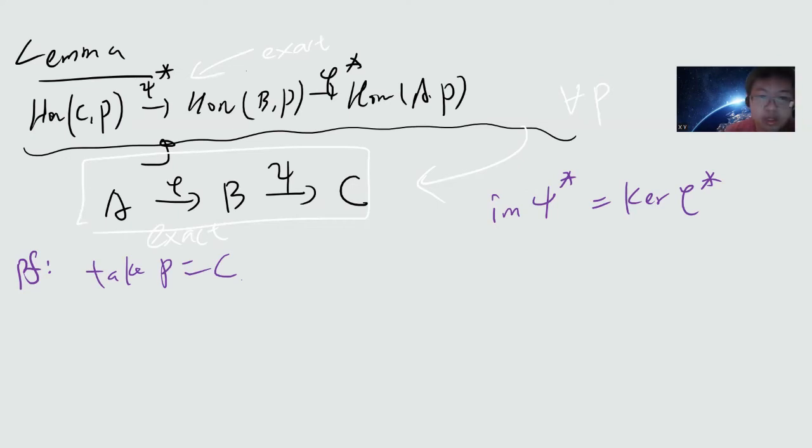Right, let's take P to be C, and let me just write down this diagram. So I have A, B, C, and say P. I take this to be C and take the identity map.